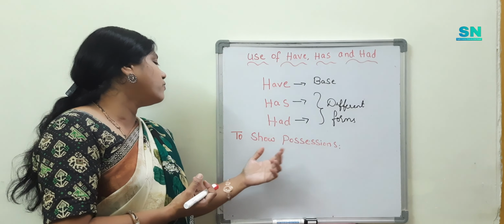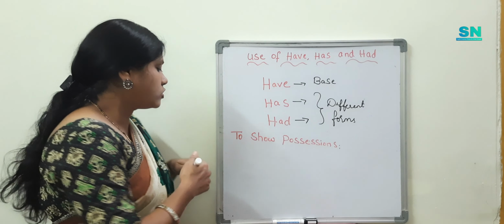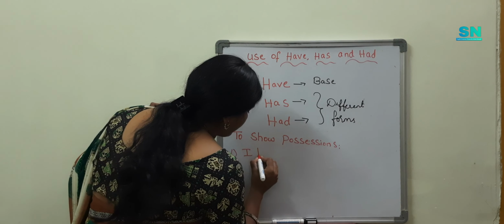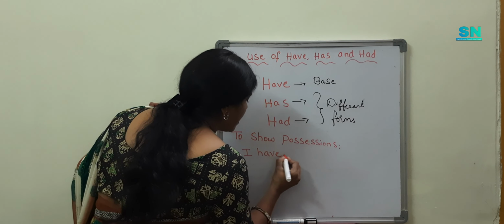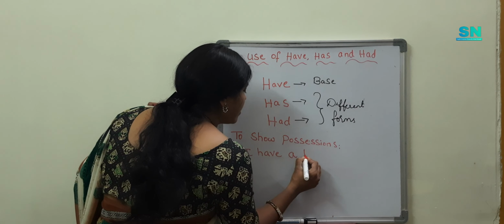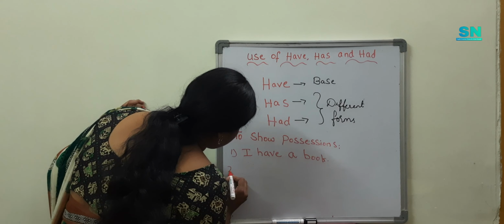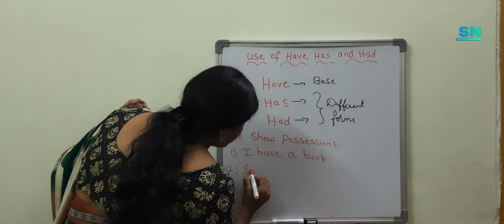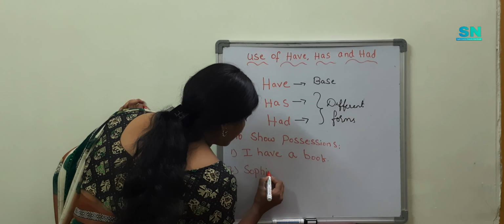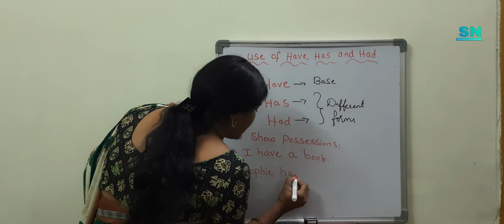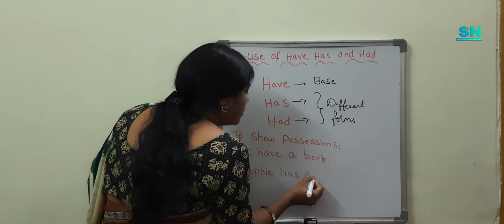To tell that, we use the word possession. So one is, I have a book. I'm saying here, I have a book. And the next one is, Sophie has a blue car.